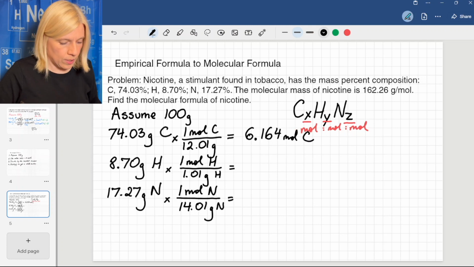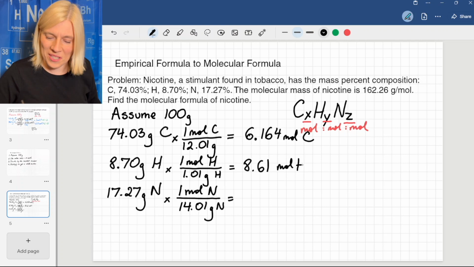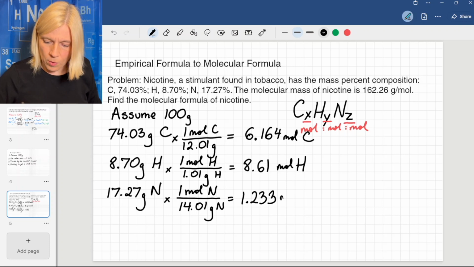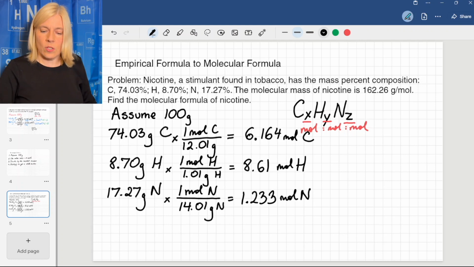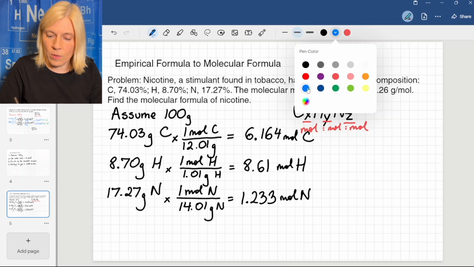We're going to have here 8.61 moles of hydrogen, and we're going to have 1.233 moles of nitrogen. All right, so we have our mole to mole ratios, but they are not in whole numbers.